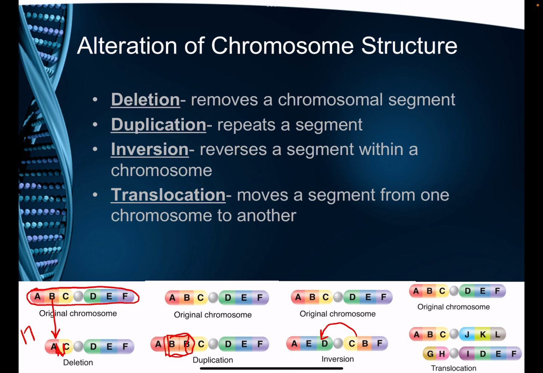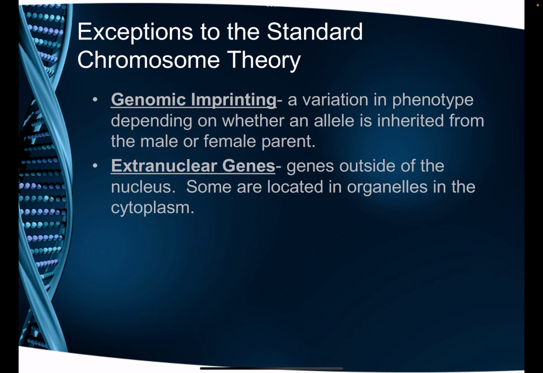And then you can also have a translocation where a chromosome that would sit kind of side by side here with it, those two kind of switch spots. And so that would be a translocation, moving one segment of a chromosome to another one. So those are all things that can change chromosome structure as well. Okay?